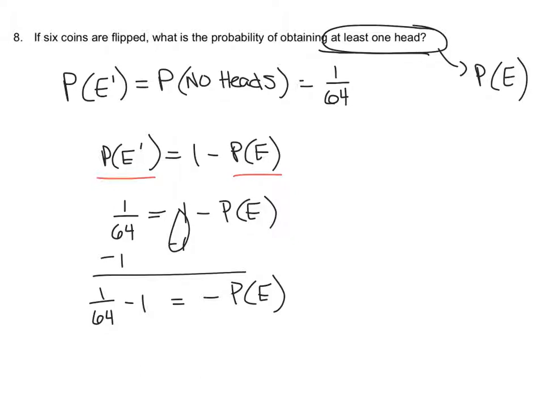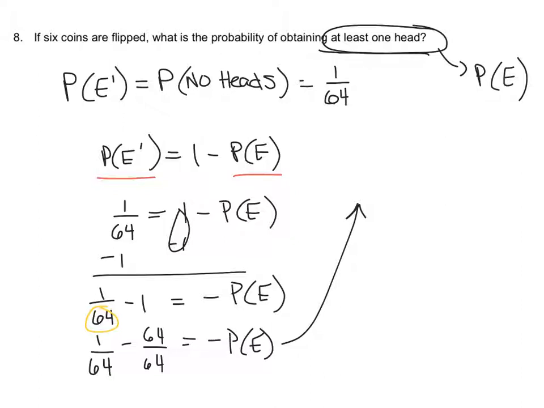Since I want a common denominator of 64, I'll just rewrite 1 as 64 over 64. Now that I have the two fractions with the same denominator, I can just keep the denominator on the bottom and then subtract the numerators. So 1 minus 64 is a negative 63, and that equals the negative of the probability of E.